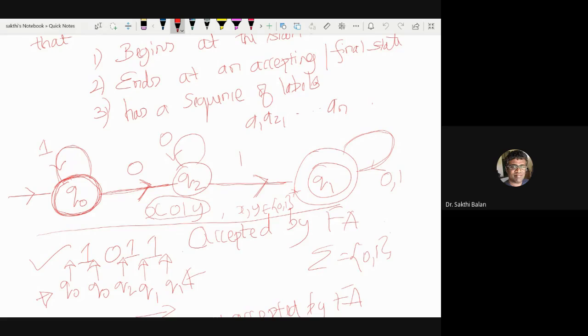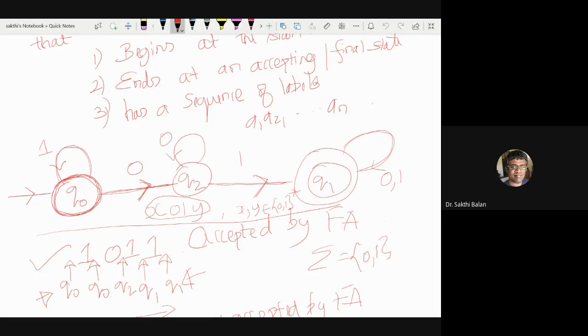So 01 is one substring that you need to have in whatever string is accepted by this finite automata. And to store that information, we have a state Q2 and a state Q1, in which Q2 stores the information that you have read at least one 0, and Q1 stores the information that you have read a 1 with the previous symbol as 0, right?